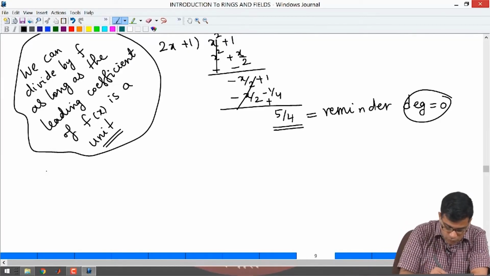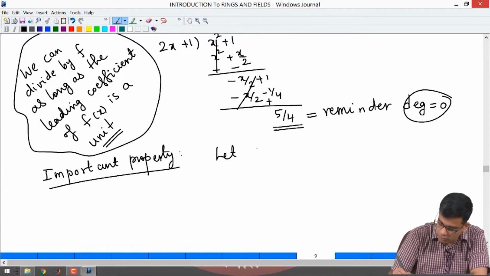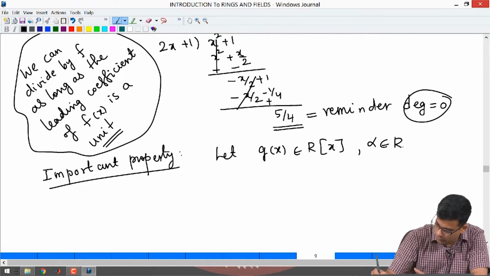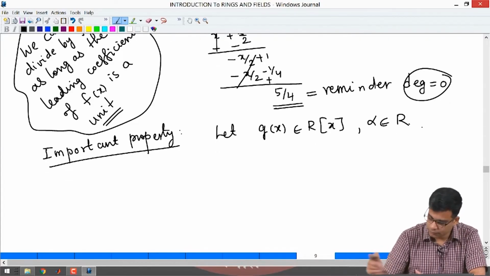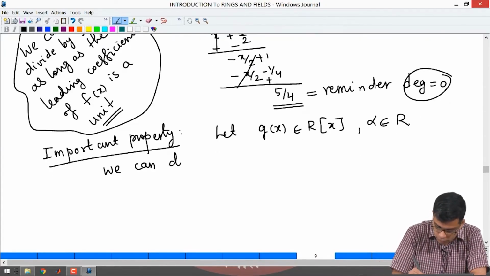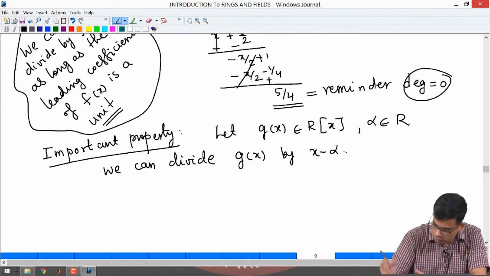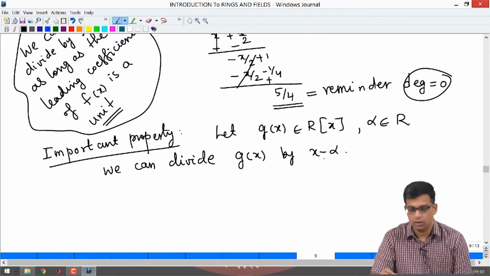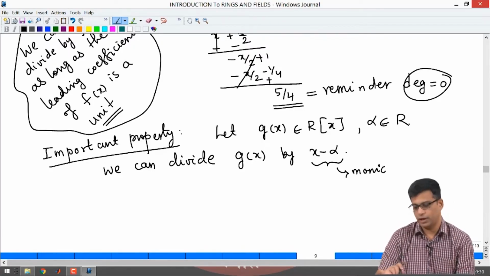So, an important property: let us say g(x) is an element of a polynomial ring R[x] and let alpha be an element of R. We can divide g(x) by x minus alpha, because x minus alpha has leading coefficient 1 and is monic. So, in any ring we can divide.